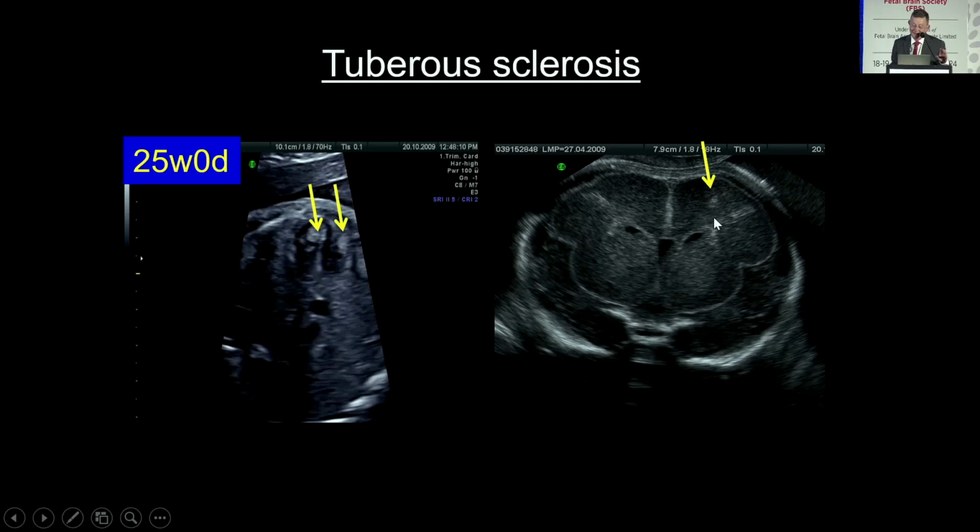But this is the tuber, and actually the advantage of ultrasound in these cases is that the examination is a live one, and so you scan the whole brain, so every small finding you will be able to see. With MRI, probably you will find this tuber, but probably not. It depends where the cut is.